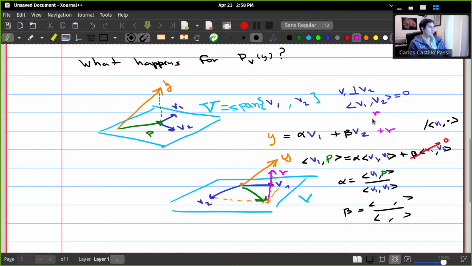So R and the dot product between any of these is equal to 0. So now everything remains the same, but we need to consider R to write things with respect to y instead of p. This is y, this is y.